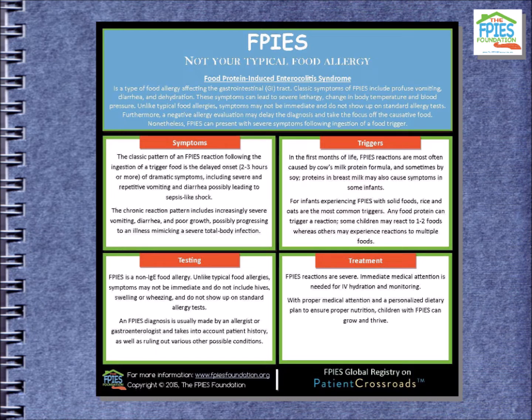So for parents, it can be a long and arduous process finding a diagnosis for their child with FPIES. Because there are no tests that can really confirm an FPIES diagnosis, many families use what's referred to as food trials for figuring out what foods are safe or unsafe for their children.